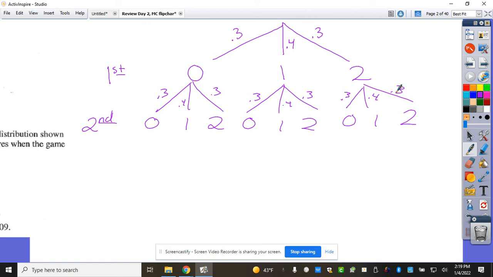But it's concerned with the what is Y? The sum of the scores, sum of the points.